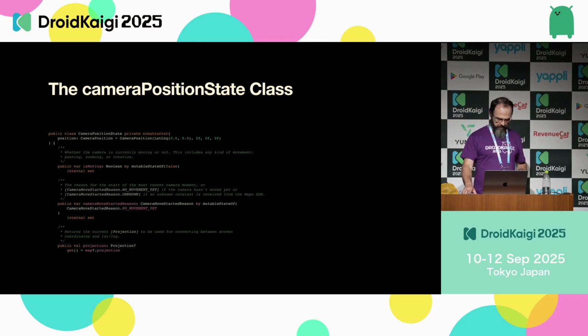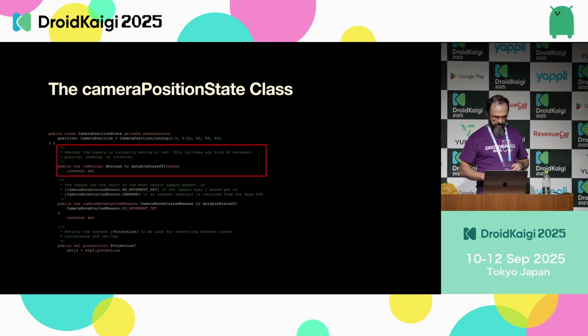Well, coming back to moving forward with the camera position state class. The camera position state is a class from the Maps Compose framework. It contains a few parameters, such as is moving, which determines if the camera is currently moving or not, including any kind of movement. If we're zooming, if we're rotating, if we're panning on the map.